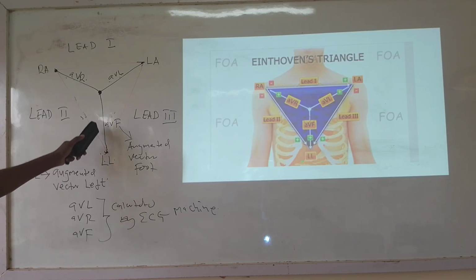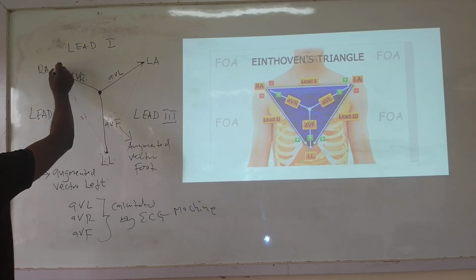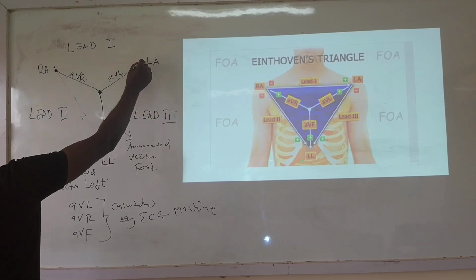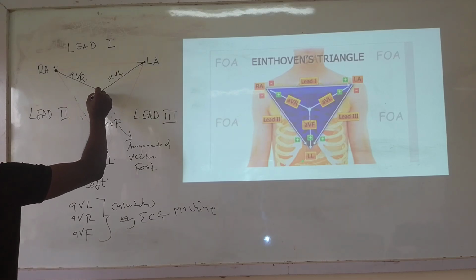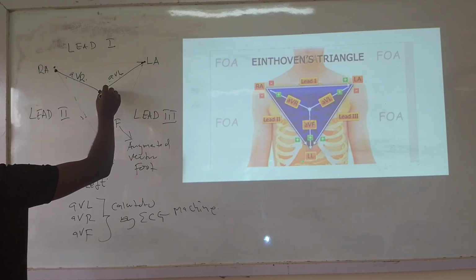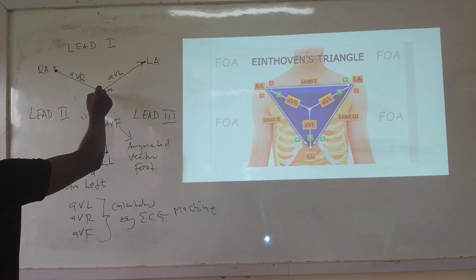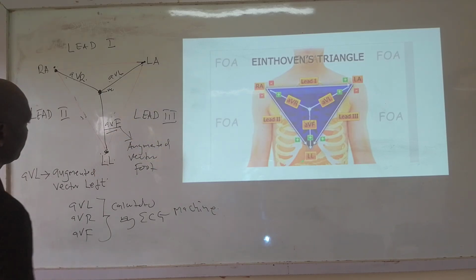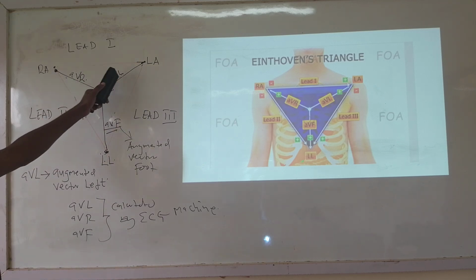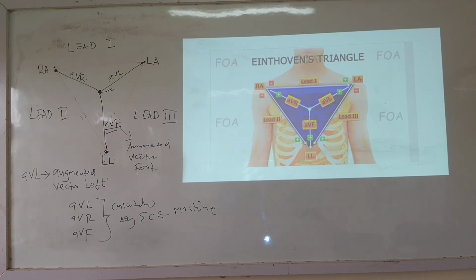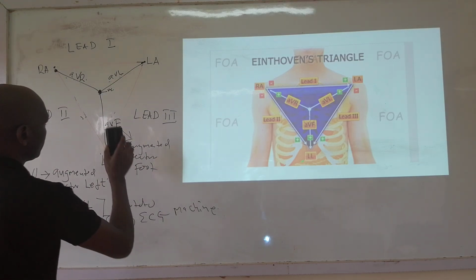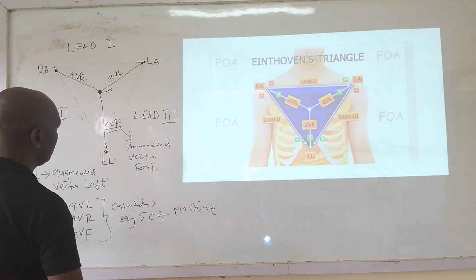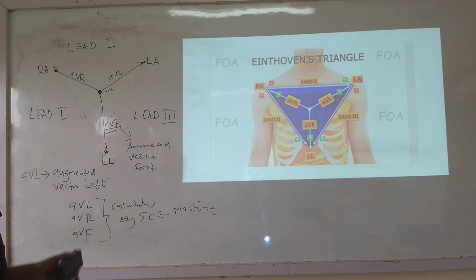And how do we get AVF? This one, you get the average of this, and then get it here. So it becomes your negative electrode. So from this, you connect to this, then you get your AVF. That's why these ones are normally known as augmented. They are not physically identical. They are calculated by the machine. So this is the work.